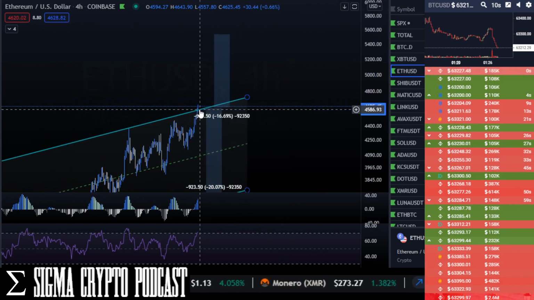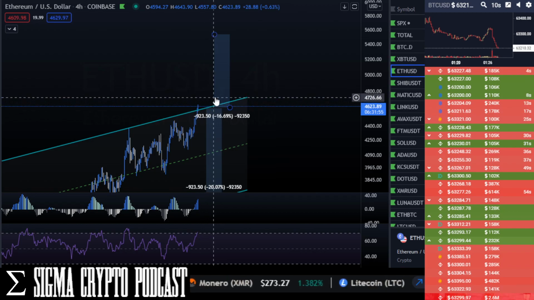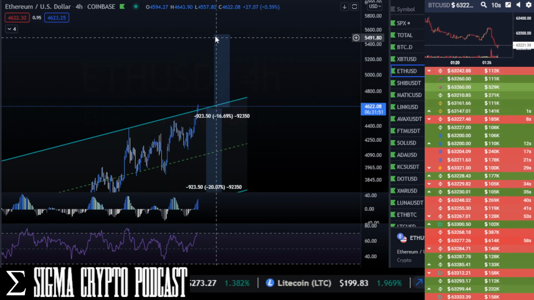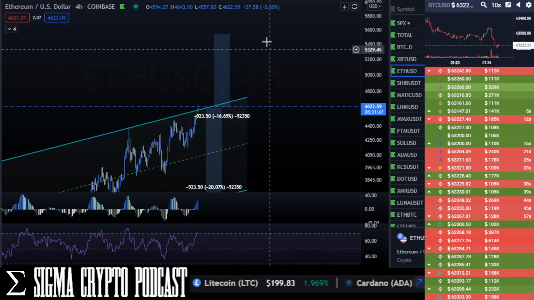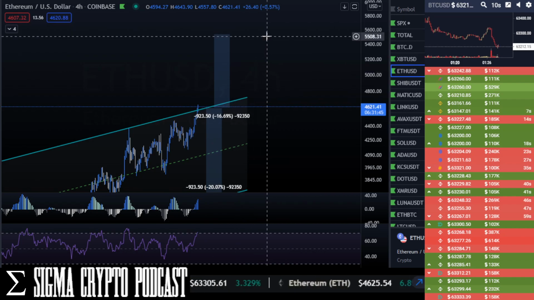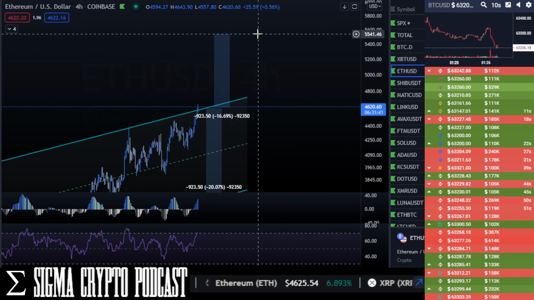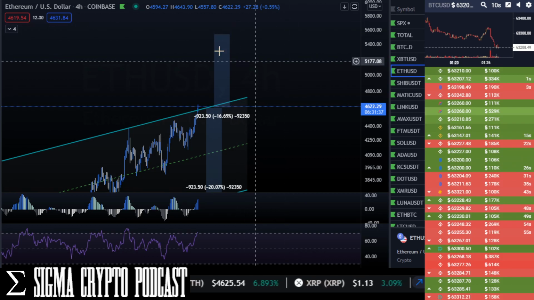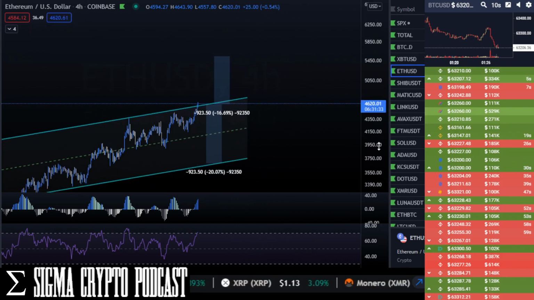If it breaks out, backtests the top of that channel as support, it's going to go straight into the 5,000 to 5,500 range. That's what you'd be targeting.